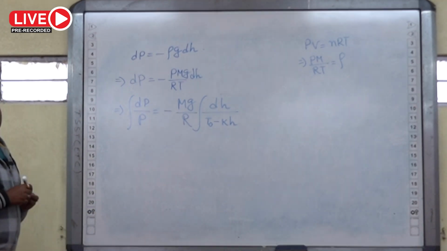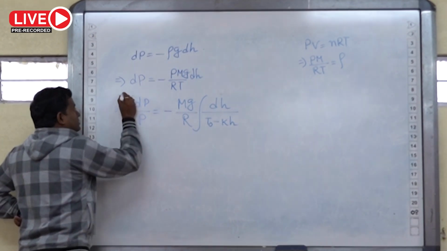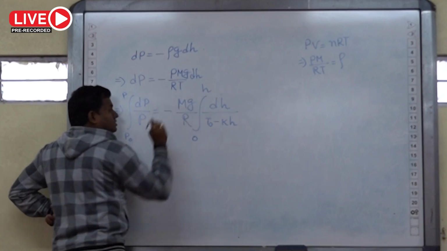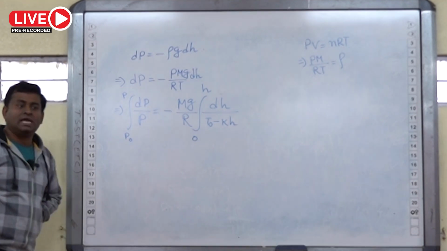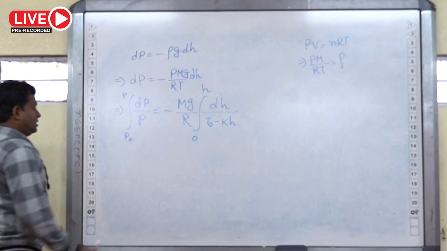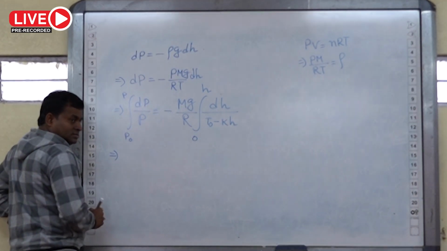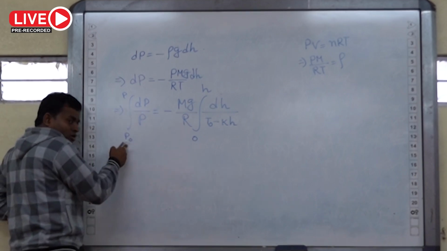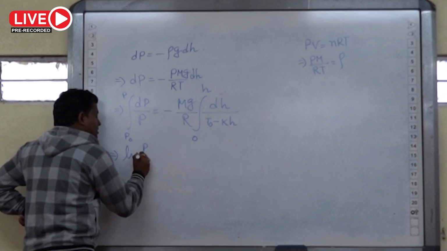Now we have to only integrate. The limit is from P naught to P, and here it is from 0 to H. Then we can find P as a function of H. This integral will give you log P: dP by P means log P, upper limit P, lower limit P naught. That means log P minus log P naught, that is log of P by P naught.